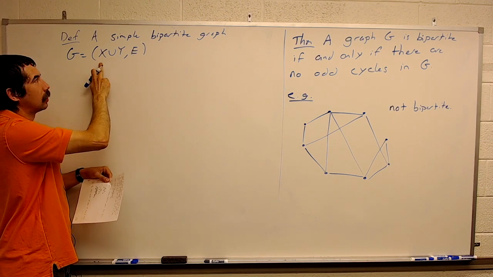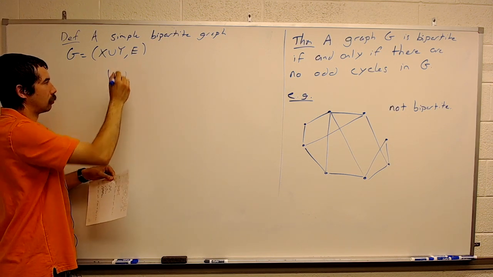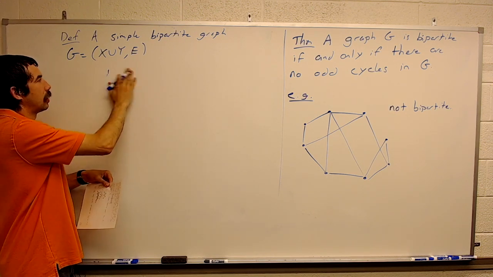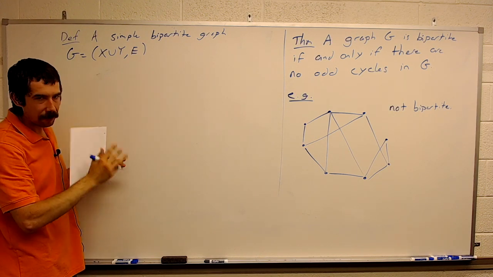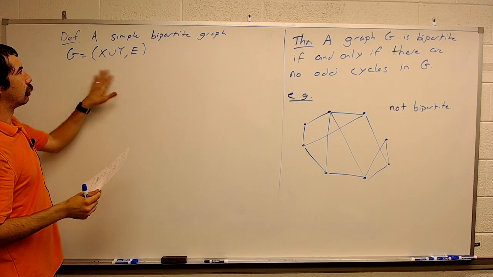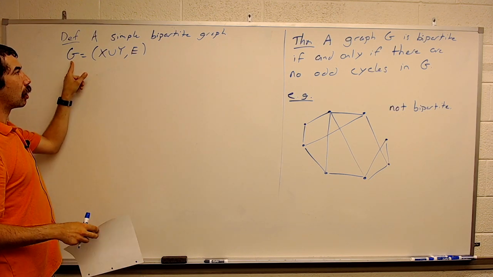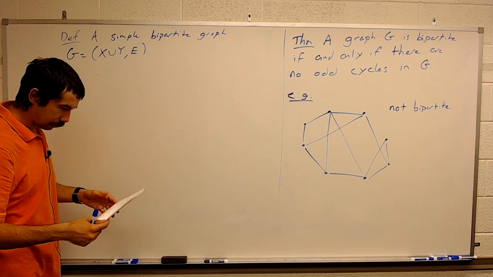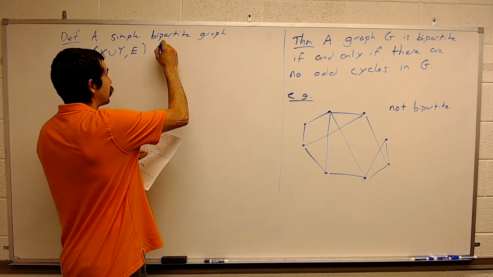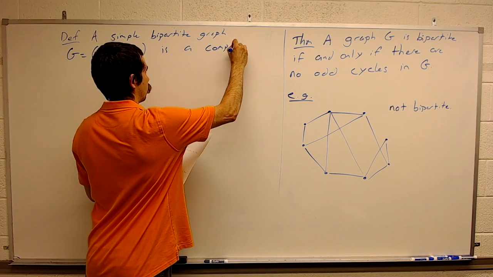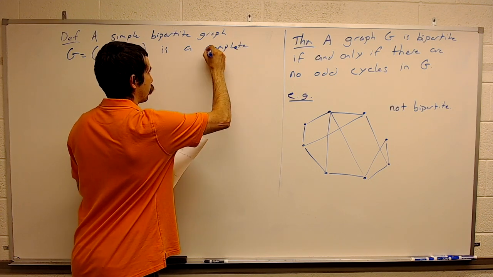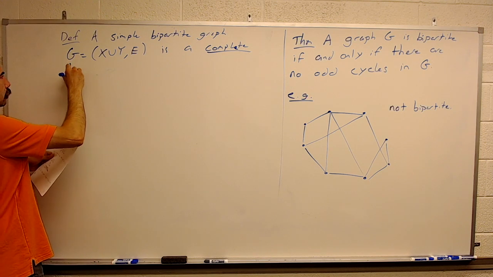X union Y. This is the union symbol, which looks like the letter U. It's just saying we have our X set and our Y set. So our vertices are made up of an X set and a Y set. So a simple bipartite graph G is a complete bipartite graph.